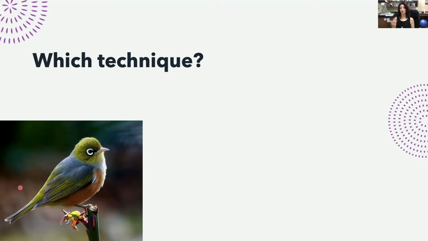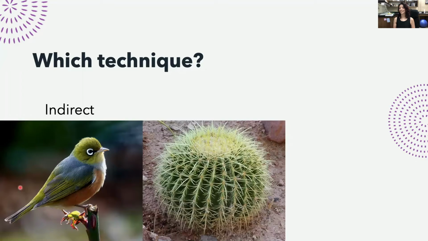We could use mark recapture, but a cheaper alternative is indirect counting, because that only requires one trip to the field. You can count all the nests one time, you're done. With mark recapture, you have to first capture, mark, let them go, and then come back at a later time and recapture them.